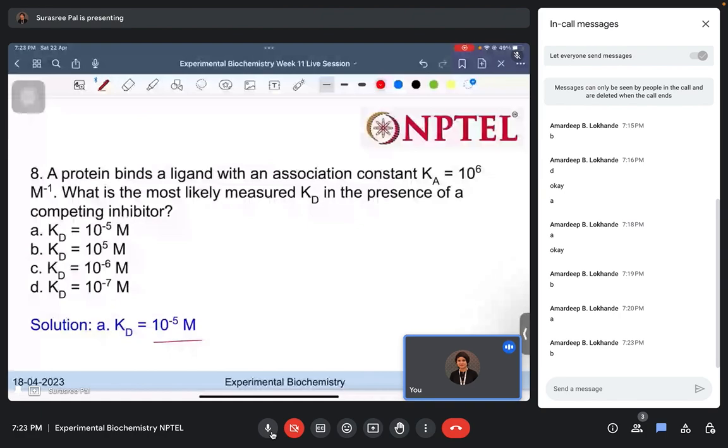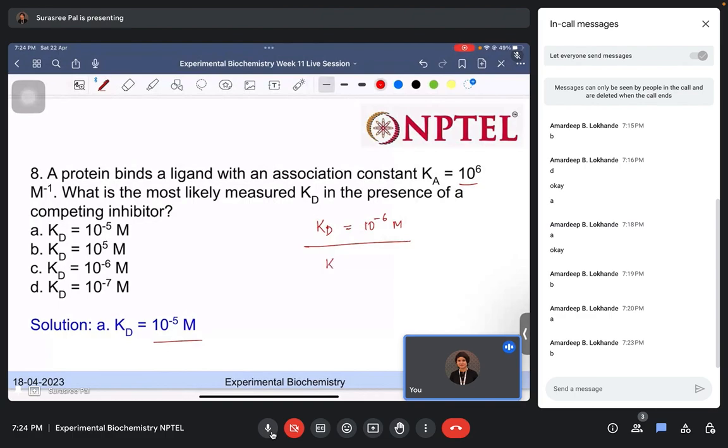If Ka is 10 to the power 6 molar inverse, then Kd will be 10 to the power minus 6 molar without any inhibitor. But when an inhibitor is present, what do you think will happen to the Kd value?